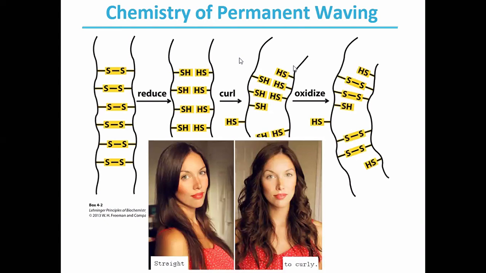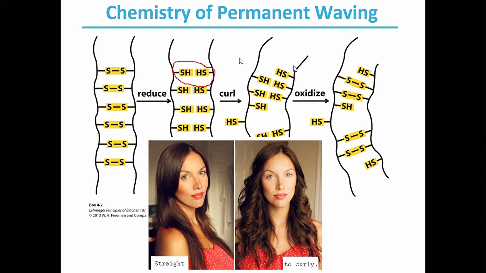And sometimes you want to change your hairstyle. So basically, this is what happens. The integrity of your hair is maintained by a bond called disulfide bond between two sulfur atoms. So the first thing they do to your hair in a hair salon is to reduce this, to break this disulfide bond into SH.